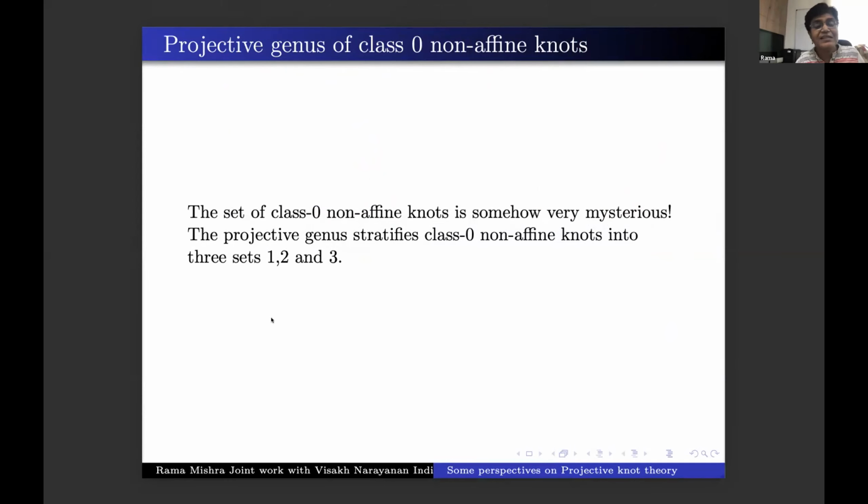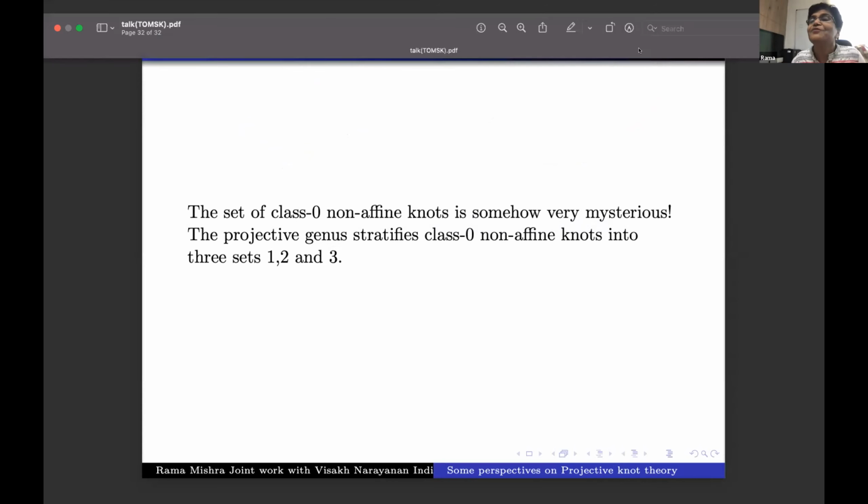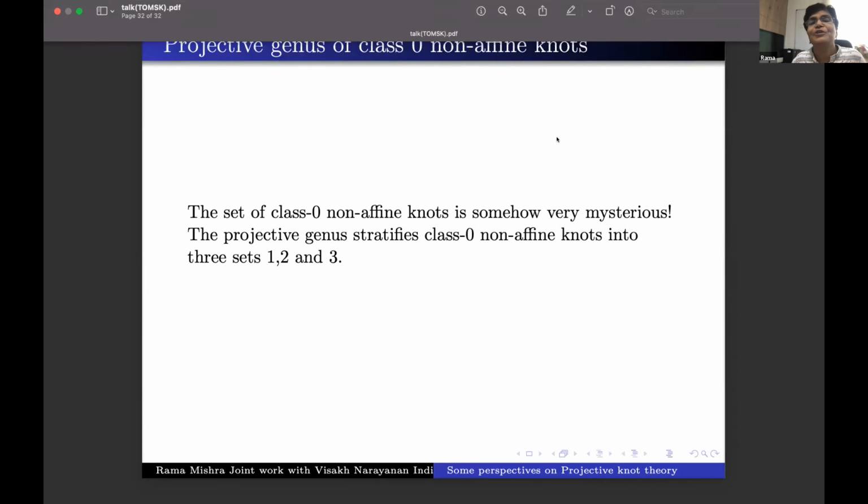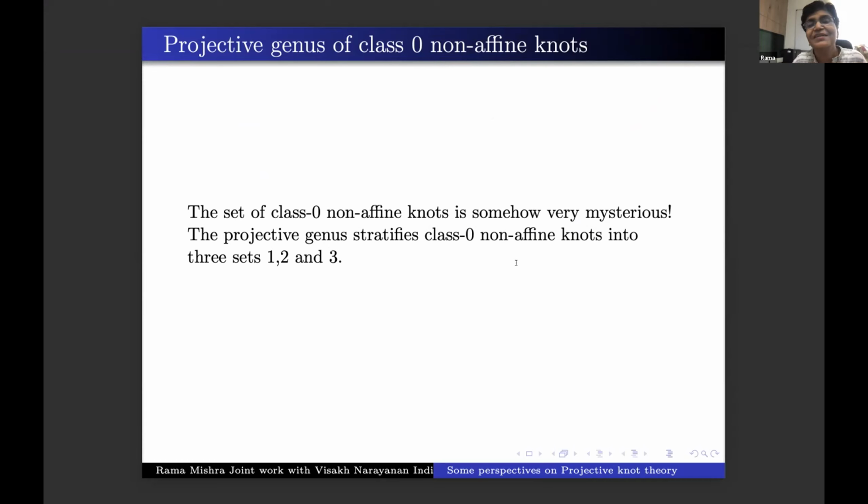But a complete classification would be more interesting, showing that precisely these are all genus 1 non-affine, class 0, and class 2, genus 2 and genus 3. So this is still work in progress. Maybe I finished quite early, so maybe this is all. Thank you.